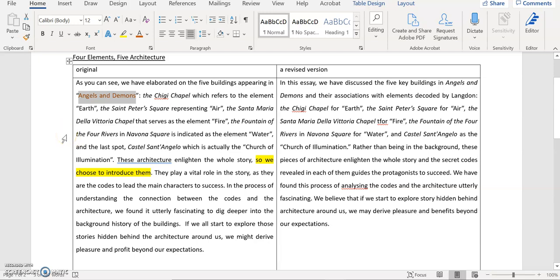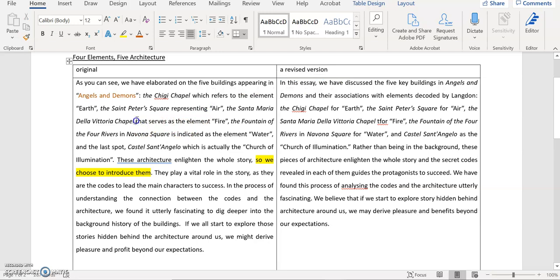So when you have a list of items, you might think about whether you would like to ensure the so-called parallelism in terms of the structure. So you can see here, the authors use the Chigi Chapel, and then you use this relative clause here. And then in the second one, St. Peter's Square, you use representing air. So this is the so-called participle structure, participle phrase.